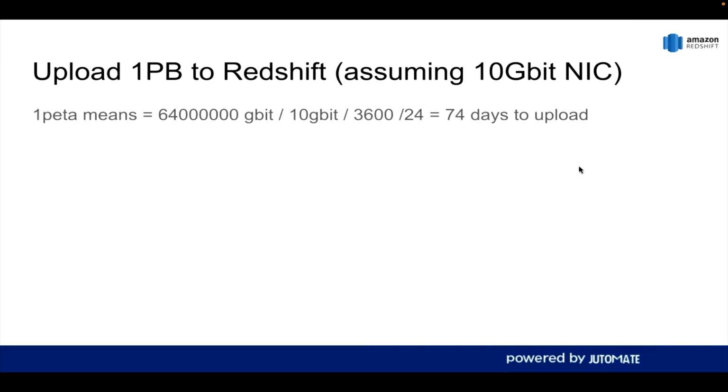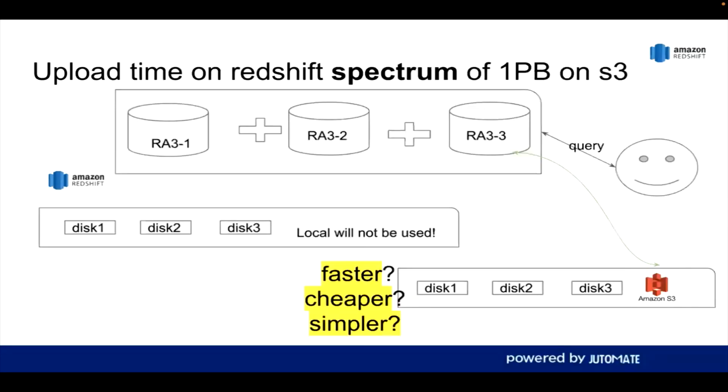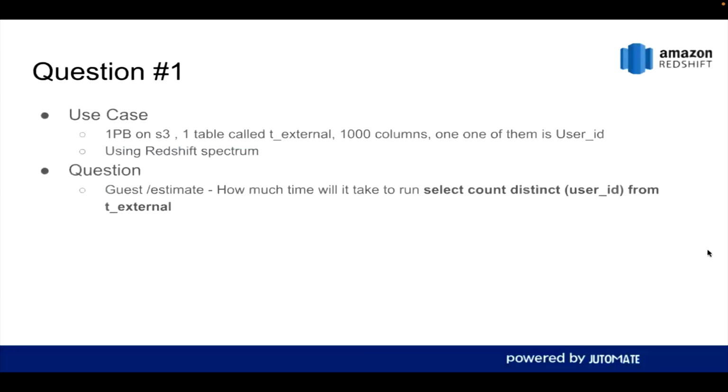It's about 74 days to upload 1 petabyte. So essentially it's time consuming, and you should be aware of that. It's a challenge, it's a bottleneck. Upload time on Redshift Spectrum is essentially 0. All the data is stored on S3. So it's an advantage.